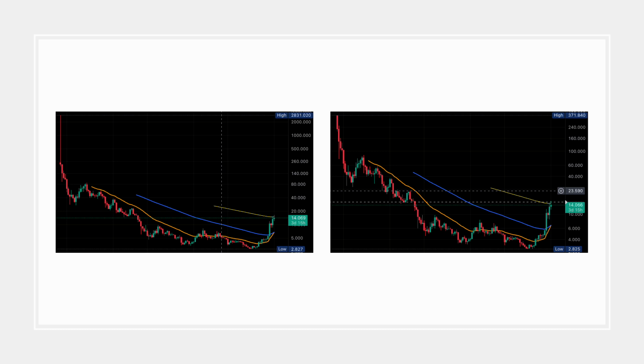Why is the difference? Because there was some liquidity event in the past here on ICP's price action. But as far as market structure goes, I think everyone understands that ICP will not be evaluated at $2,831 anytime soon. Okay?